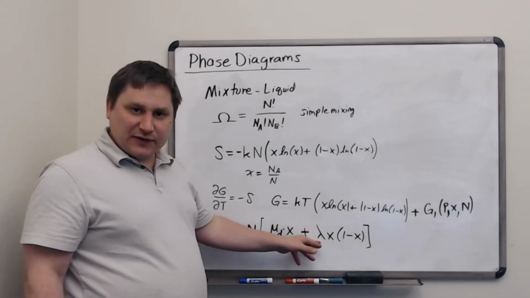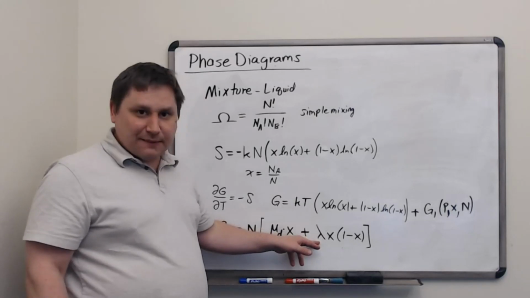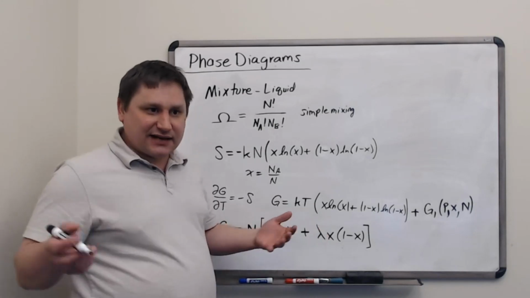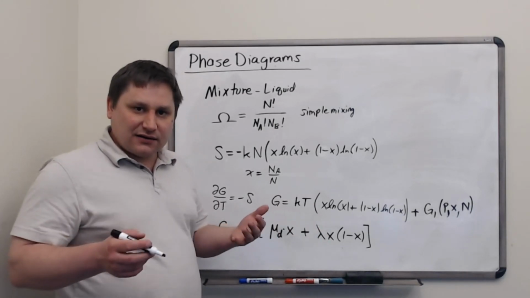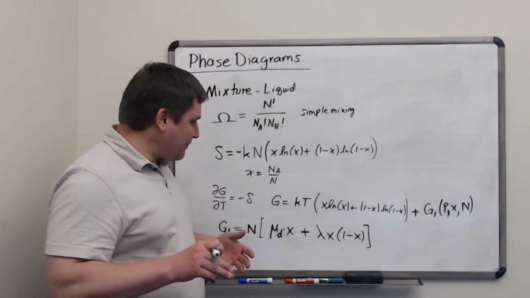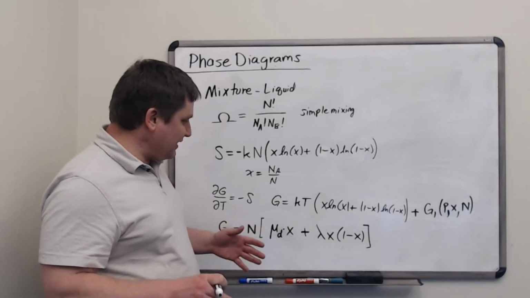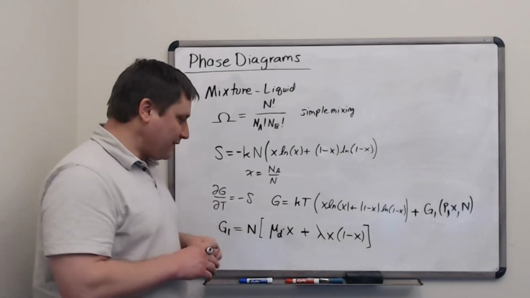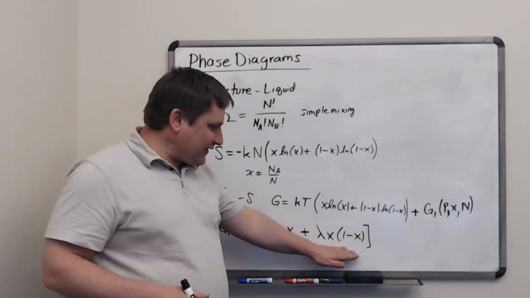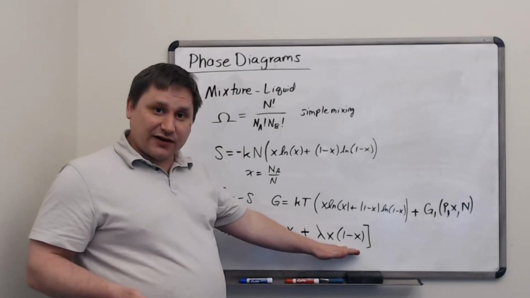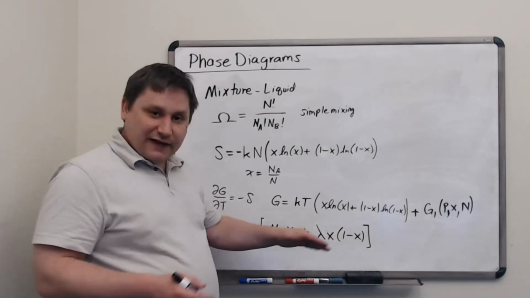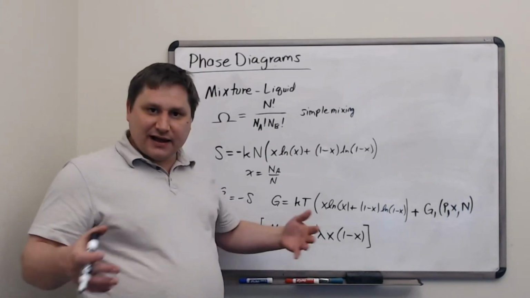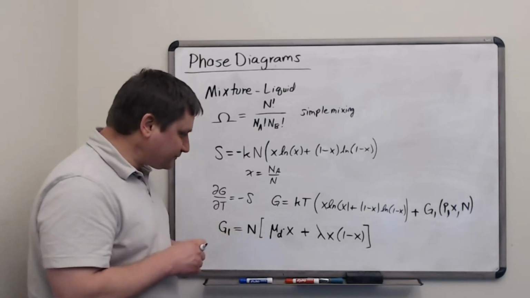So if the lambda value is positive, then this is an additional Gibbs free energy that comes from the particles really not liking to be close together. They would rather be in a concentration where one of these X's or the 1 minus X is very low, right? So we take this term to represent an interaction between the molecules. If lambda is positive, then they repel each other. They don't like to share concentrations. And if lambda is negative, then they attract each other and they'd rather be together.